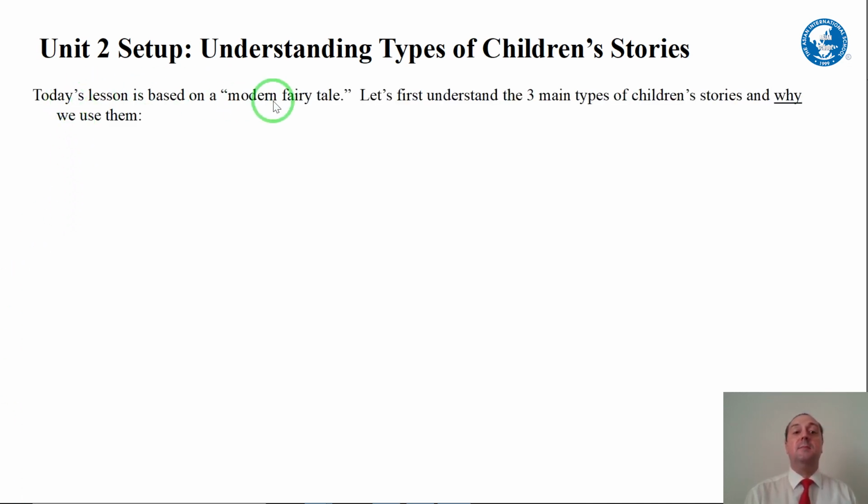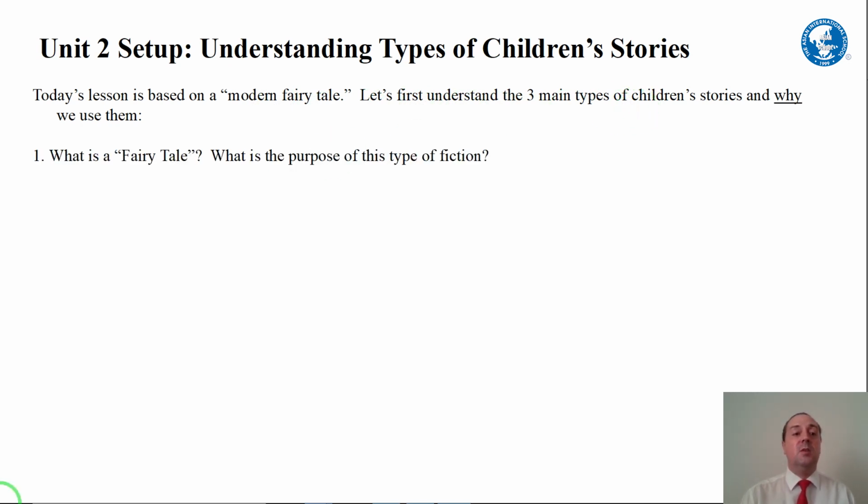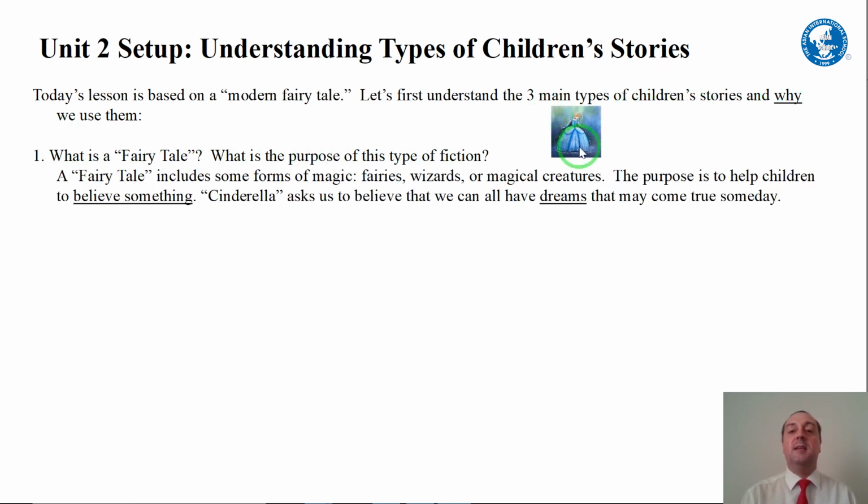So today's lesson is based on a modern fairy tale. First, there are many types of children's stories, but there are three main types, and there are reasons why we use them. The first one, what is a fairy tale, and what is the purpose of this type of fiction? Why do we tell these stories? Well, here's an example. An example is Cinderella.